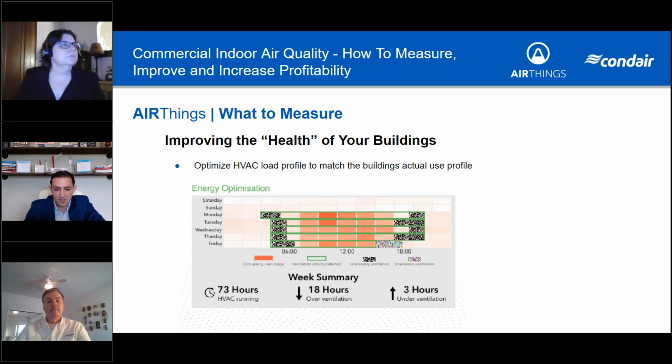What we've done here is overlay it with occupancy. We still left a little bit of room in case people came into the office early or left late at night. And on Friday, we identified that people were actually staying later than anticipated. So long story short, we were able to optimize this ventilation schedule for 15 hours reduced ventilation a week.